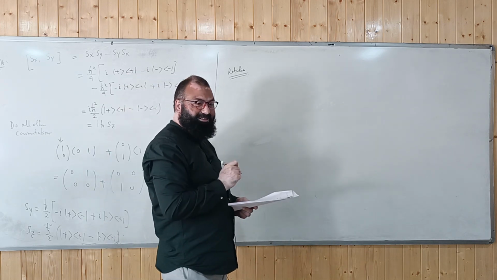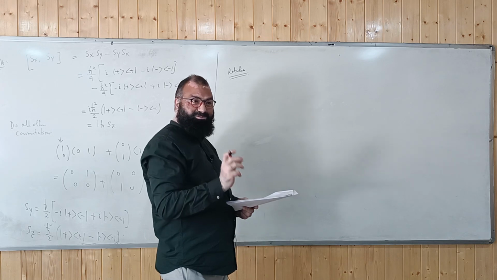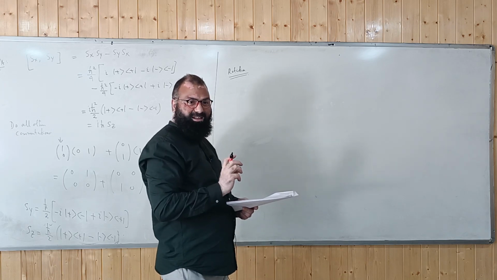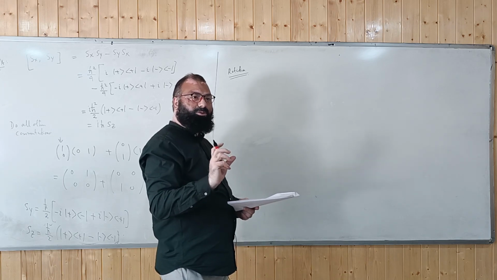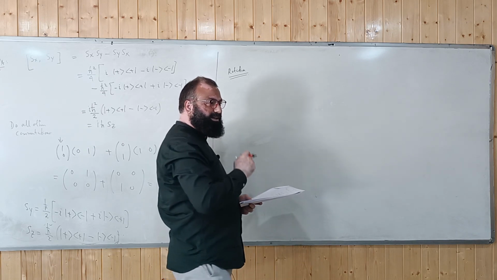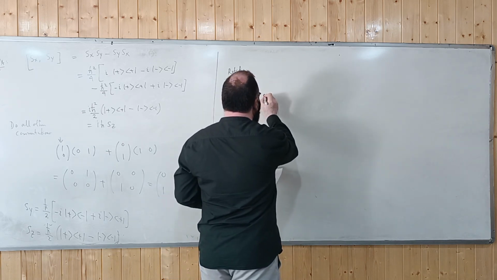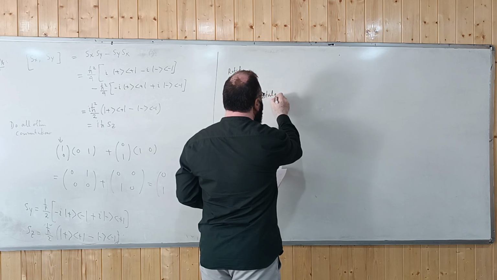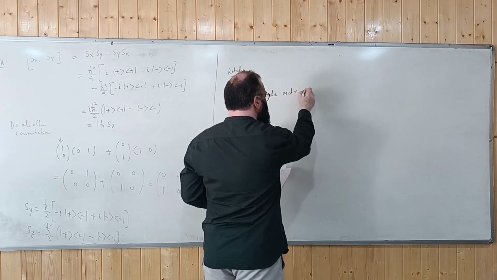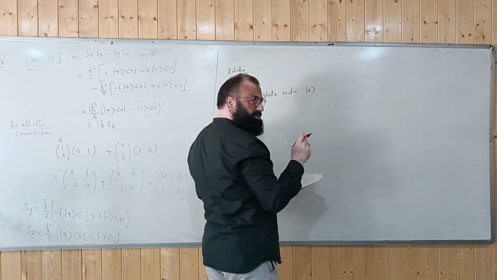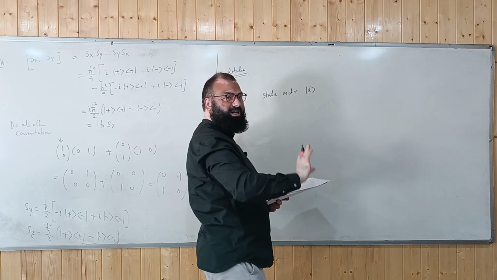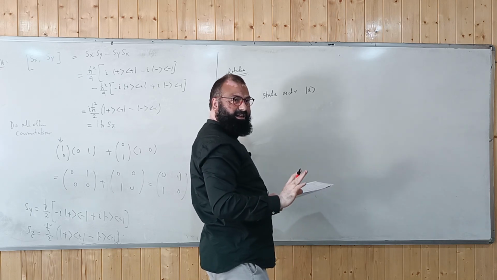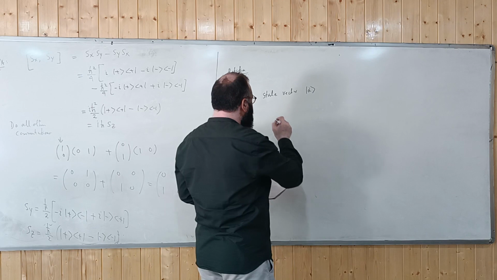So how to do it? I have to apply a rotation matrix, or I have to apply a rotation operator. So let's say you have some state vector. Take an arbitrary state vector alpha. You want to rotate it through an angle phi along an arbitrary direction.